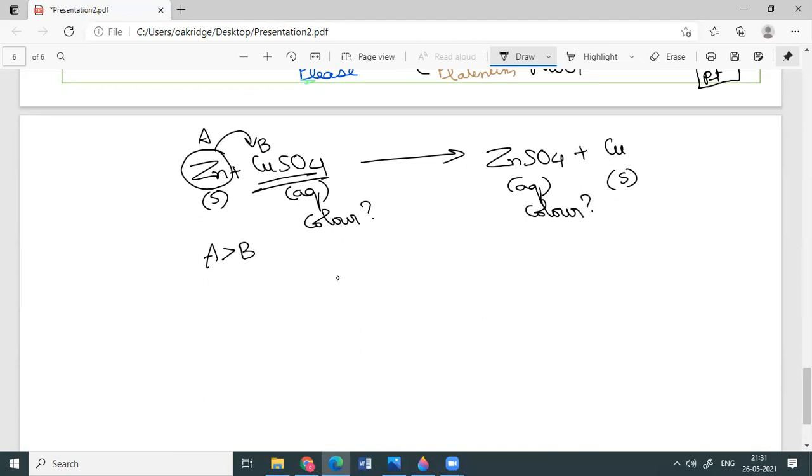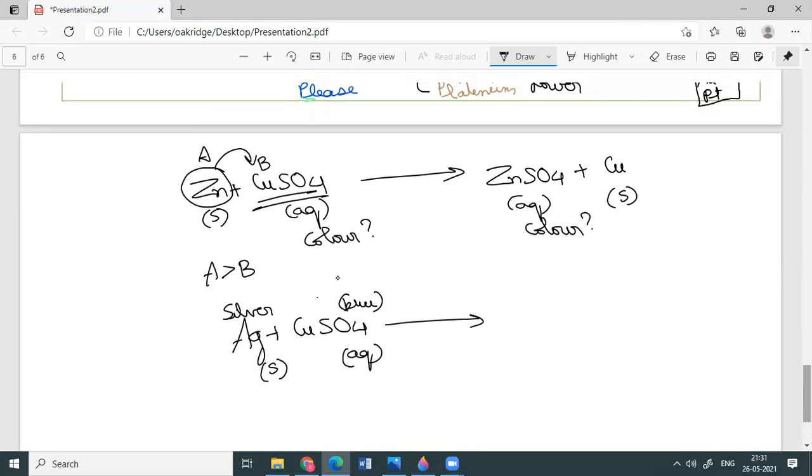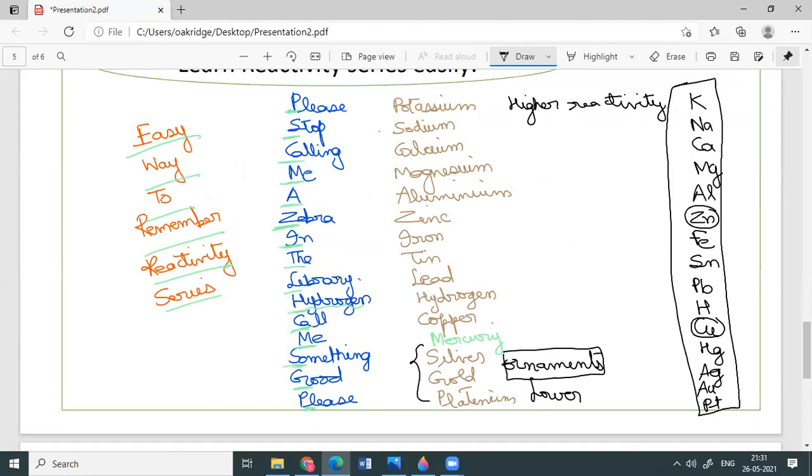Similarly, let us write another displacement reaction, Ag plus CuSO4. I have taken solid Ag, that is silver. Ag is silver, I hope you all know. Copper sulfate solution is an aqueous solution, which is blue in color. So will this reaction take place? Let us check if Ag is more reactive or copper is more reactive.